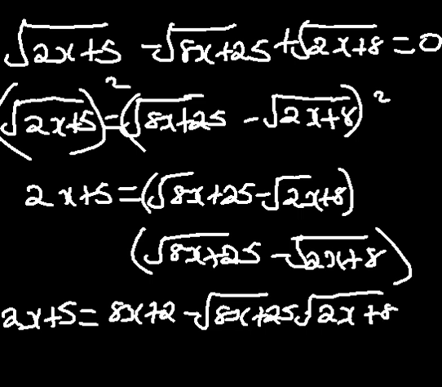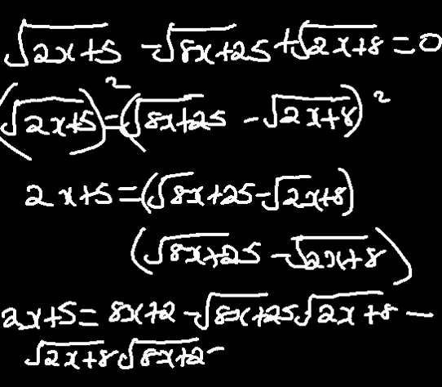Since they are different terms, this times this will also be negative, the square root of 2x plus 8 times the square root of 8x plus 25.